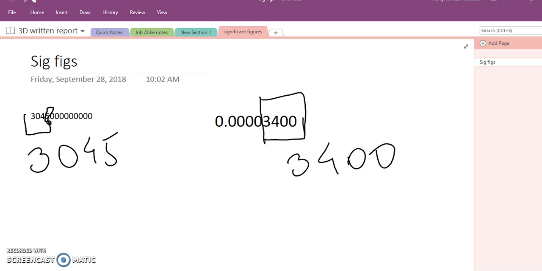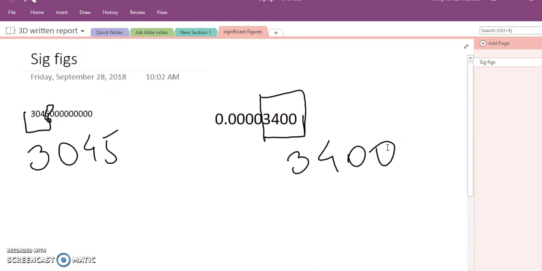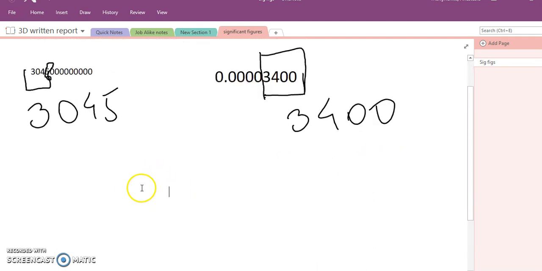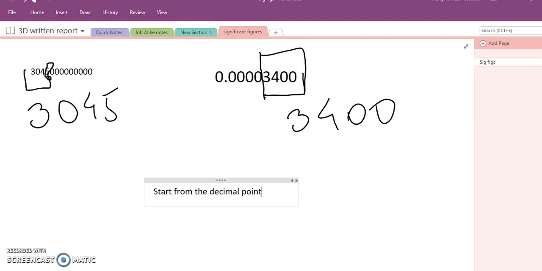Okay? All right, so now let's write down a nice official procedure for this. We don't need a decision tree, we can just have a procedure. So, you start from the decimal point. Then you move until you find the first non-zero number.